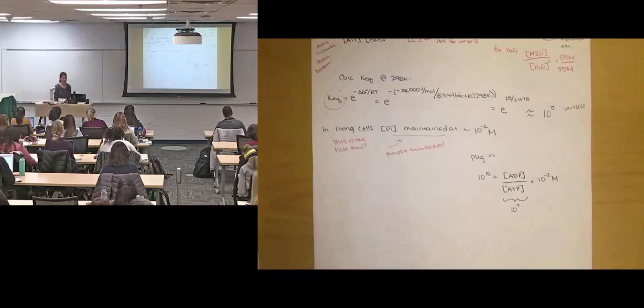That means there is basically 1 part ATP for every 10 million parts of ADP.